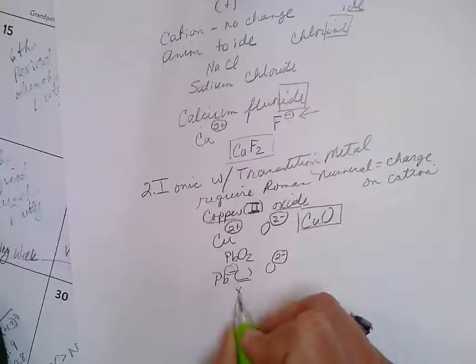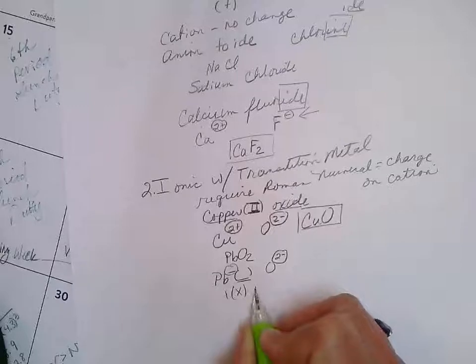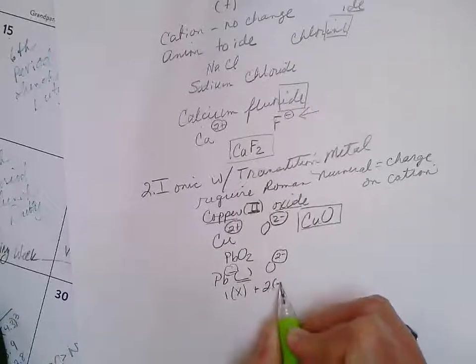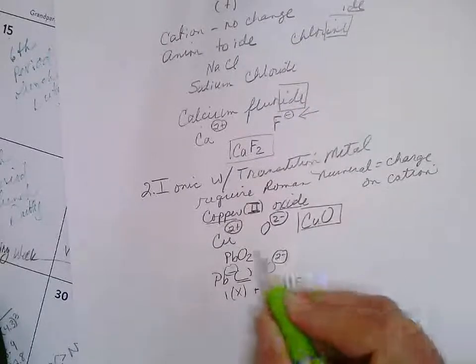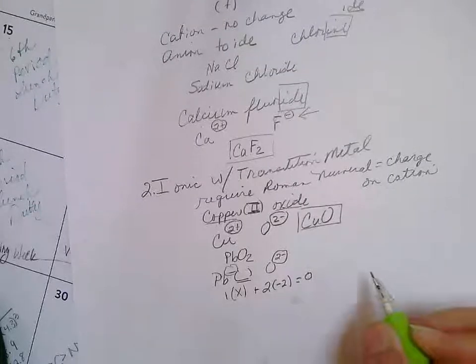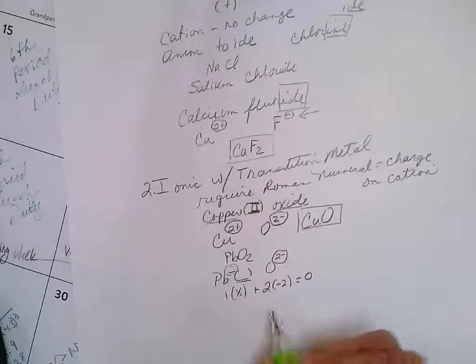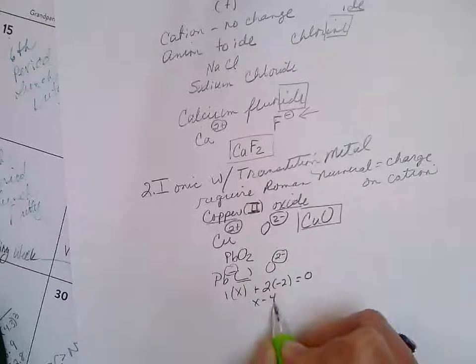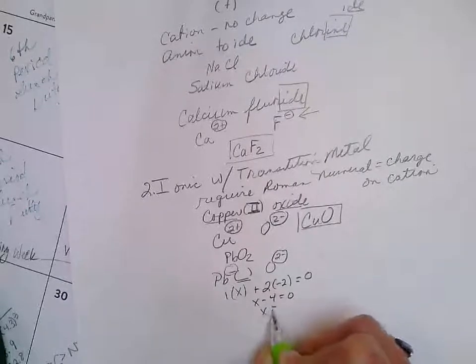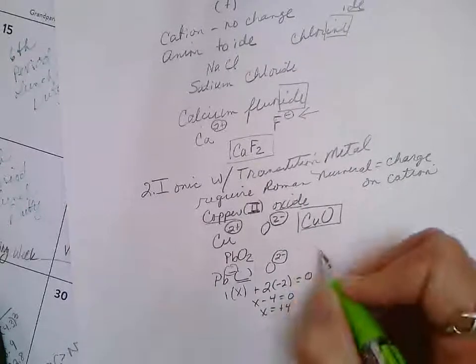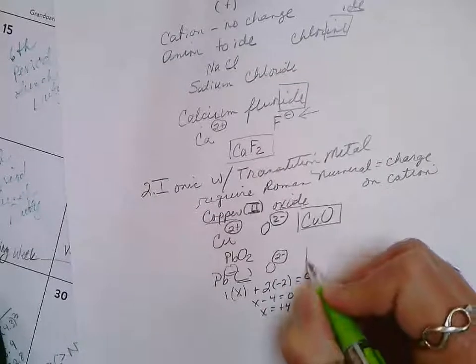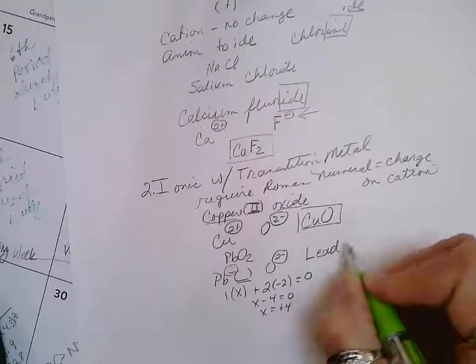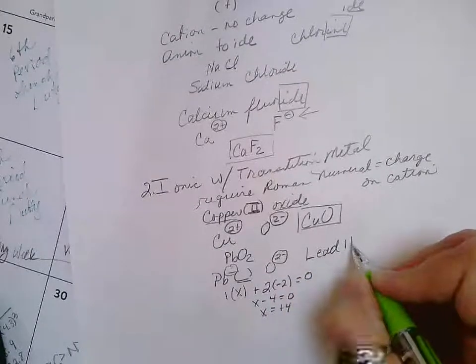I have 1 lead that I don't know the charge of, and I have 2 oxygens I know are -2, and all compounds add up to 0. So now I can figure out the charge on X. So X minus 4 equals 0, so X equals +4. So that tells me the Roman numeral here. So this would be lead 4.